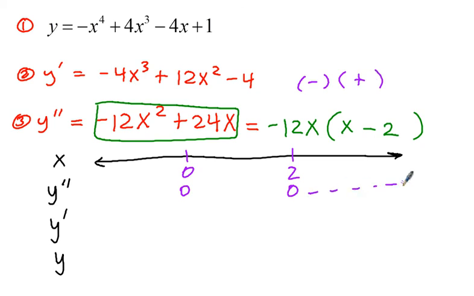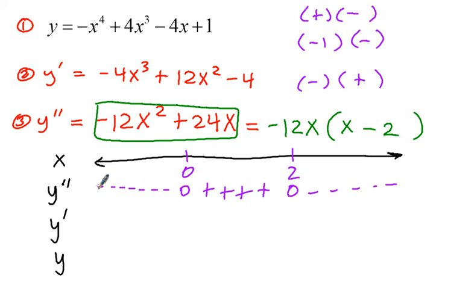If you plug in a number between 0 and 2, let's use 1, you'll get negative, negative, so the answer is positive. And if you plug in a number less than 0, like negative 5, you're going to get a positive factor and a negative factor, and their product is negative. So there's a sign chart for y double prime.